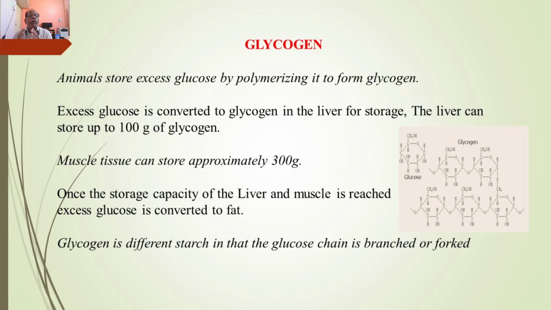In the body of a living organism, there is a mechanism called integration of metabolism, where the simplest forms of proteins, that is amino acids, the simplest forms of lipids, that is fatty acids and glycerol, and the simplest form of carbohydrate, that is glucose or monosaccharides, are interconvertible.